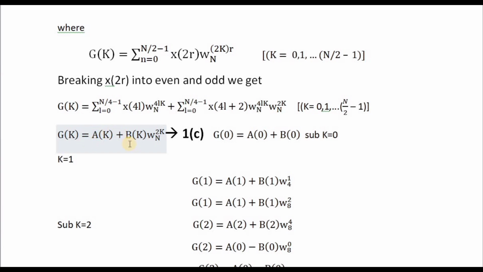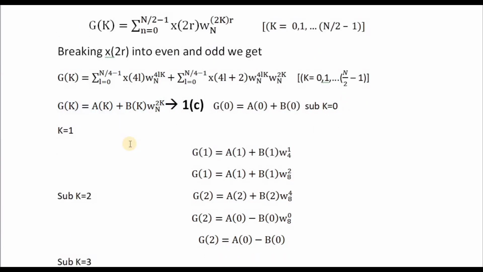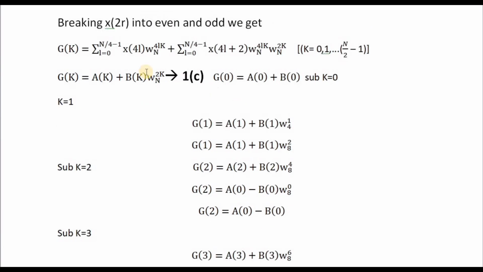And you know the property of symmetry, right? For 2 to 3, it becomes minus. So I'm going to substitute 0. If I substitute 0, I will get a of 0 plus b of 0. If I substitute k equal to 1, I will get g of 1 is equal to a of 1 plus b of 1, w8 of 2. That is this one.